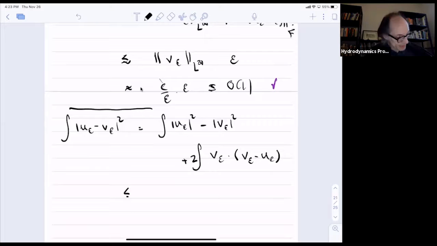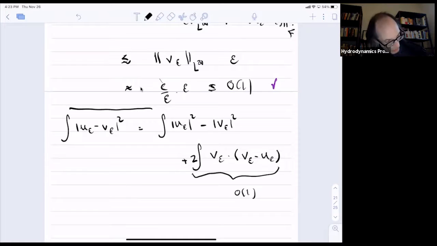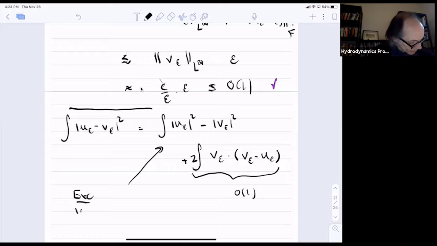And the second term is what we've just finished. It's O of 1. And the first term is bounded by, exactly as we said, the excess multiplied by log 1 over epsilon.